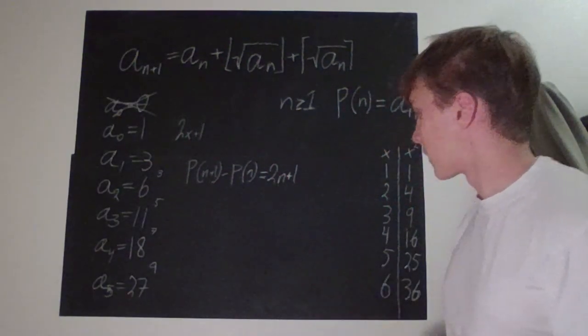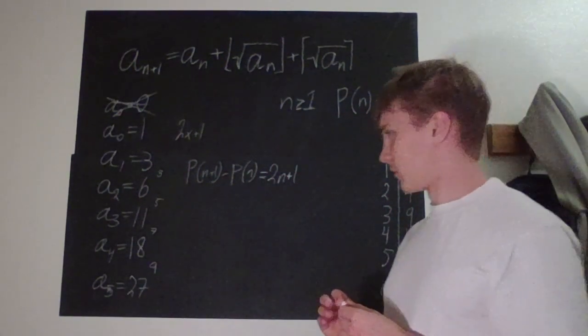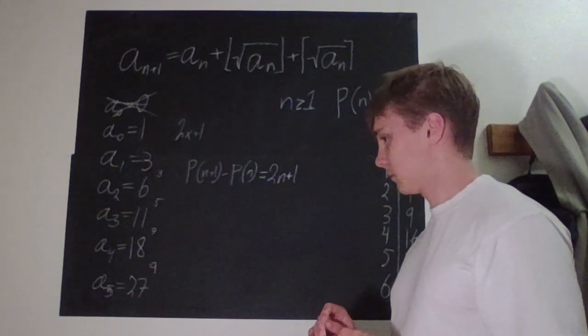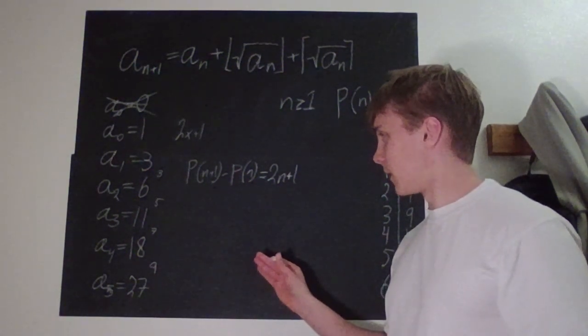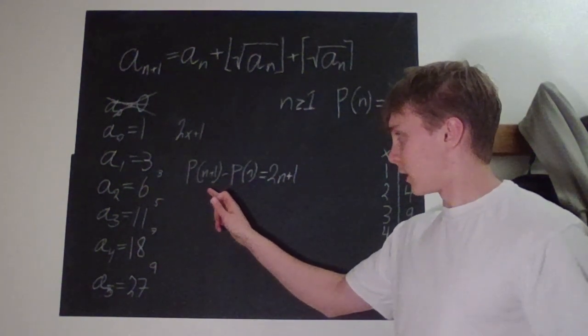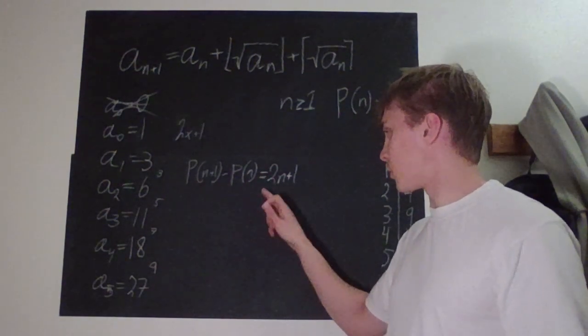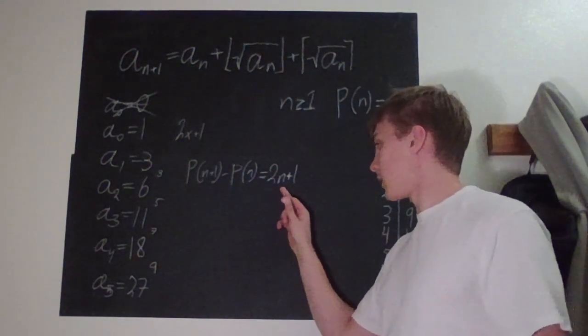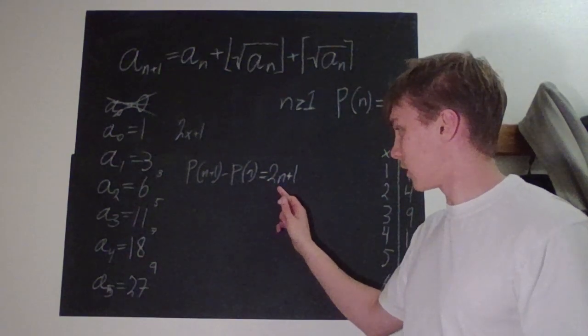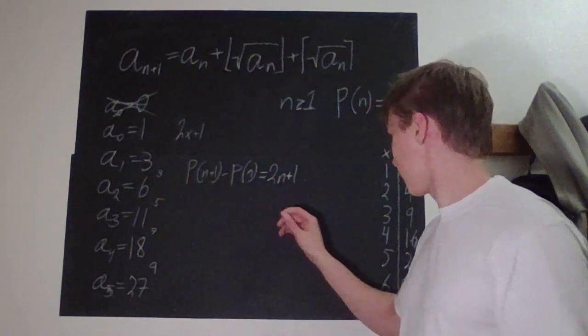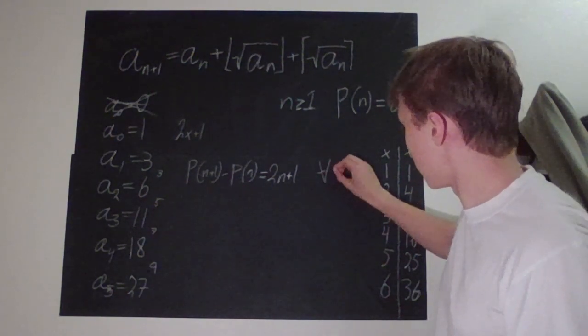How do we solve this? Well, the difference between two consecutive values is always supposed to be this function. So we can say that this has to be satisfied for all n. You write it this way.